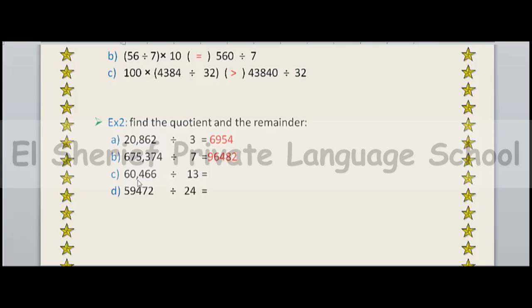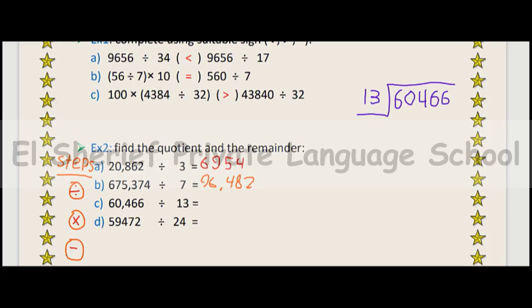Letter C, 60,466 divided by 13, also by long division. So by using long division, 60,466 divided by 13. Okay, let's start.